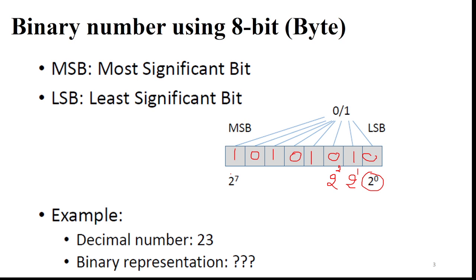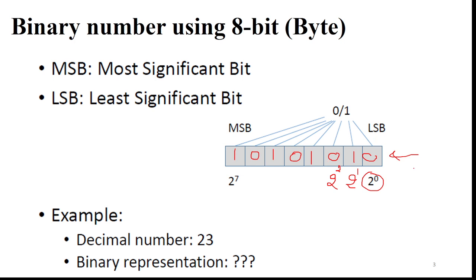Now let's add the numbers here. Let's say this number is 0, 1, 0, 1, 0, 1, 0, 1. This is a binary number.